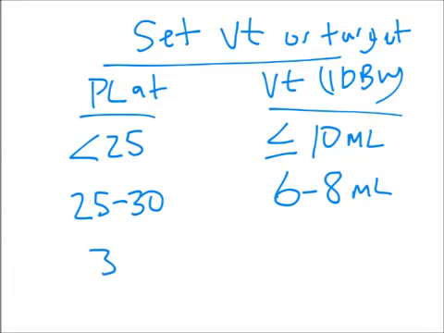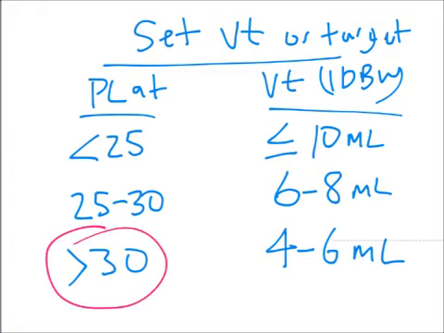And then, lastly, if my plateau pressures are greater than 30, I would want to use even lower tidal volumes, down in the 4 to 6 milliliter range, to keep my plateau pressures under 30 centimeters of water.